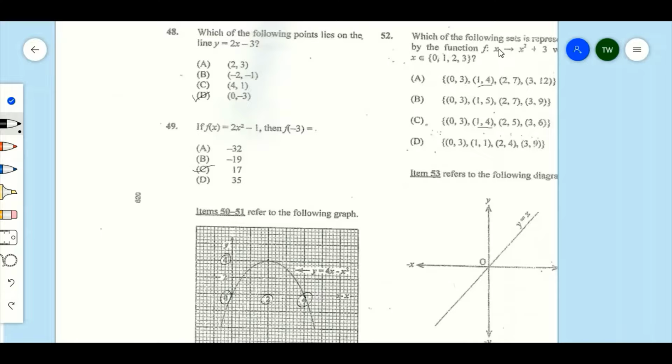So we can do one more to decide which one is the correct one. When x is equal to 2, replace this x squared with 2. 2 squared is going to give us 4, and 4 plus 3 is going to give us 7. So when x is equal to 2, y is going to equal 7, and that's the option here. So our answer is clearly A here. All right.